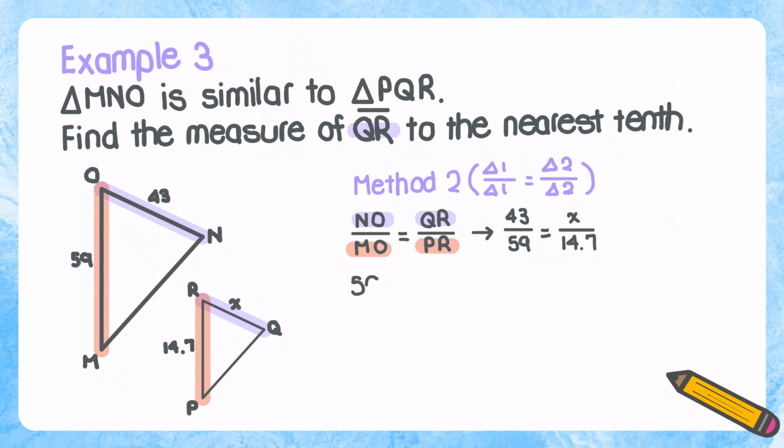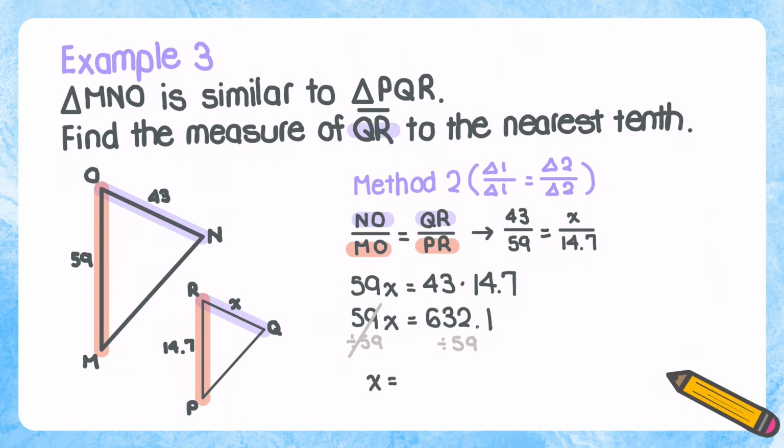From here, we're going to cross multiply. So 59x equals 43 times 14.7. I find that 59x equals 632.1. And I'm going to divide both sides by 59 to isolate the x.